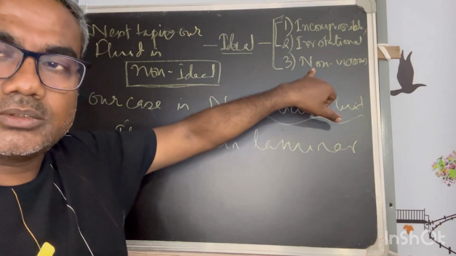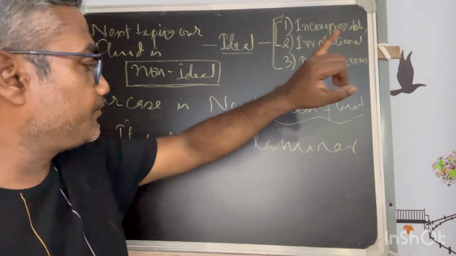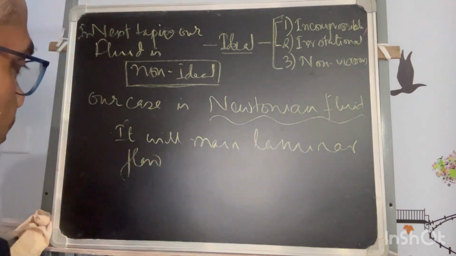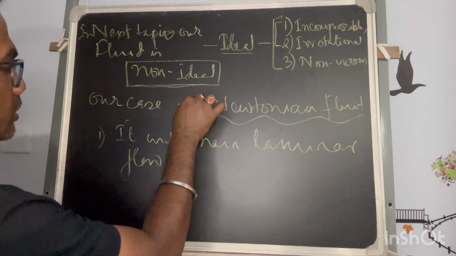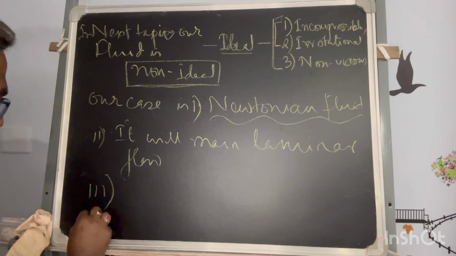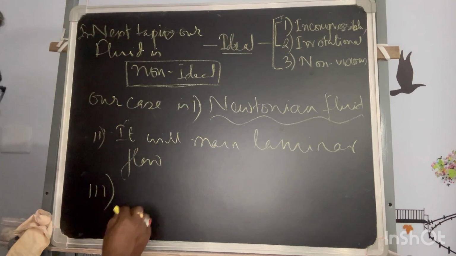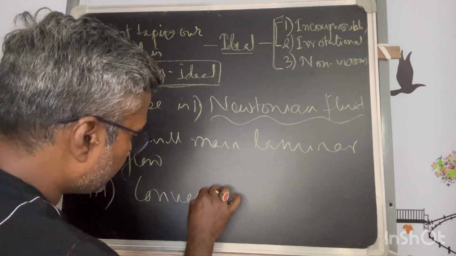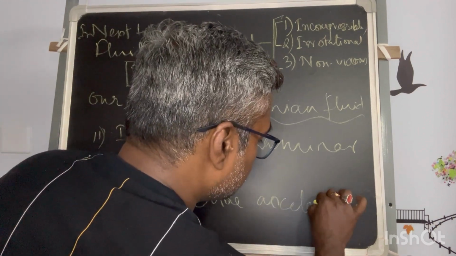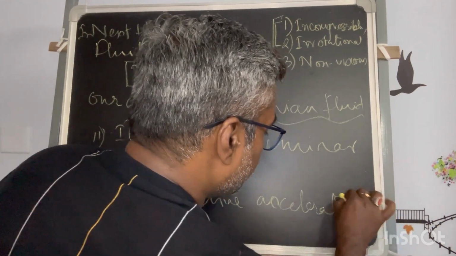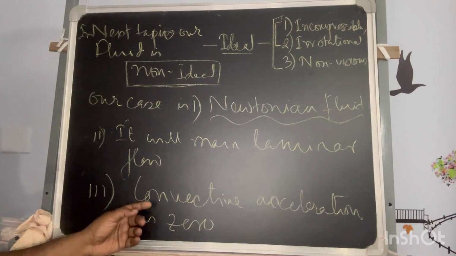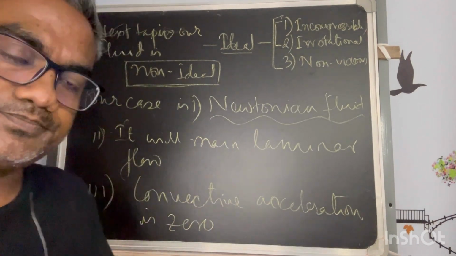This is converted into viscous fluid, and this is having laminar flow. If these two conditions match, the third condition that will arise is that convective acceleration is 0. Now, what is this convective acceleration?